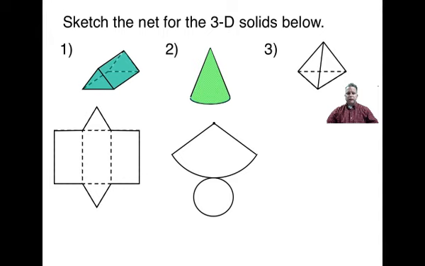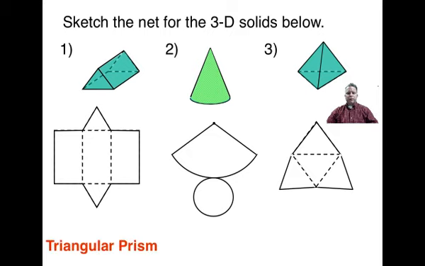There's going to be some curve to it. Next, for our triangular pyramid, we've got the base, and we can unfold it. And to me that looks kind of like a flower, but not a really good flower. So we have a triangular prism, a cone, and a triangular pyramid.